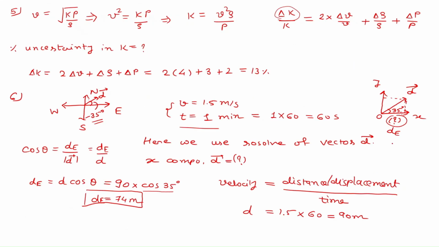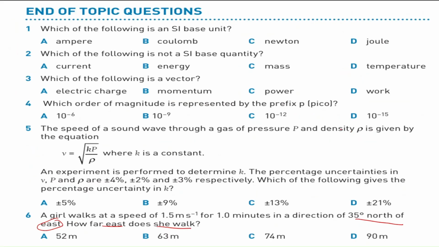But if we want to find the north distance, we have to use sine theta is equal to DN upon D. By this formula, we can also get the value of DN, which is the north distance. This is all about the sixth question. Now we go on to other questions.